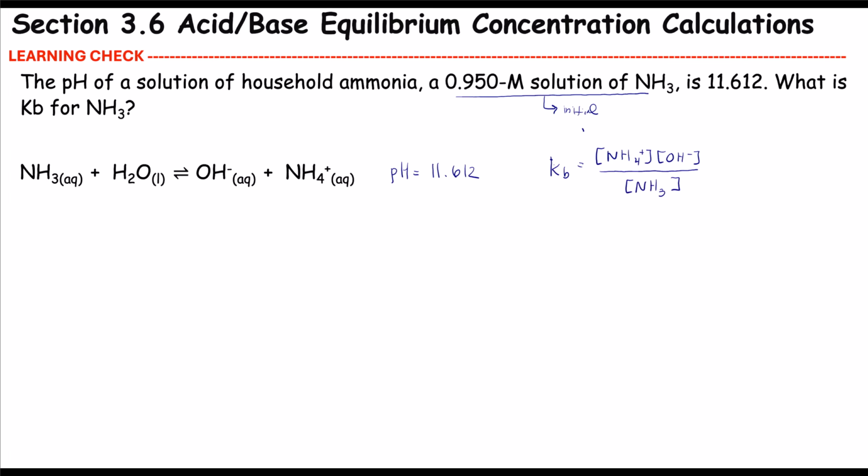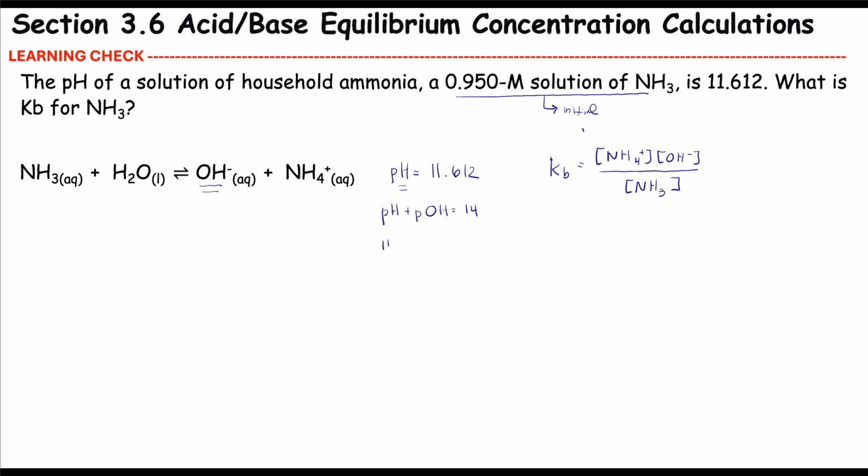Now notice that this is a concentration of OH, and right now you have pH. We want to know the concentration of OH. So can we get pOH? Sure. Remember that pH plus pOH must equal 14.